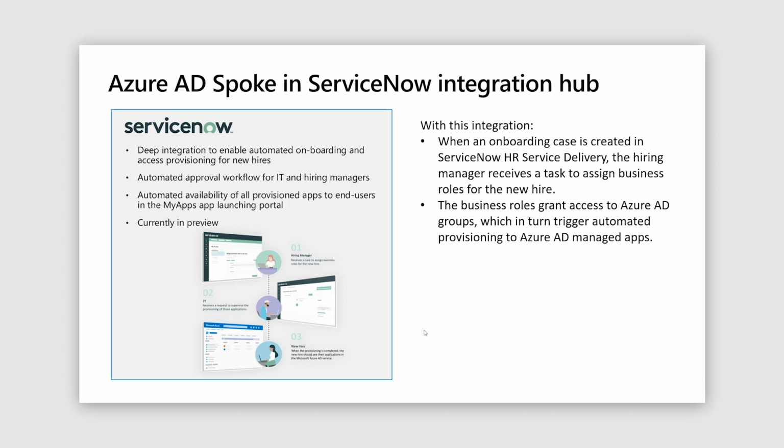And those business roles map to certain permissions such as Azure AD groups, and you want to trigger automated provisioning based on those group memberships. So we'll take a look at this scenario also in our demo. With that, we will look into our demo scenarios.